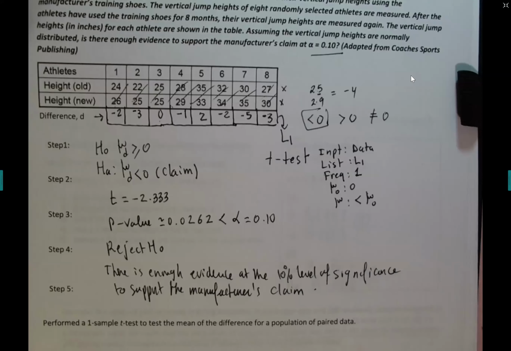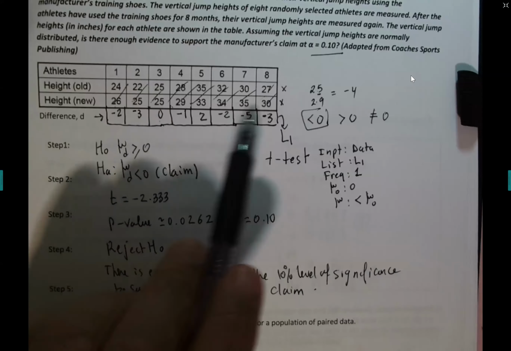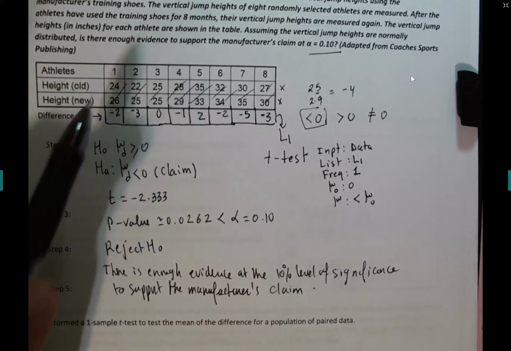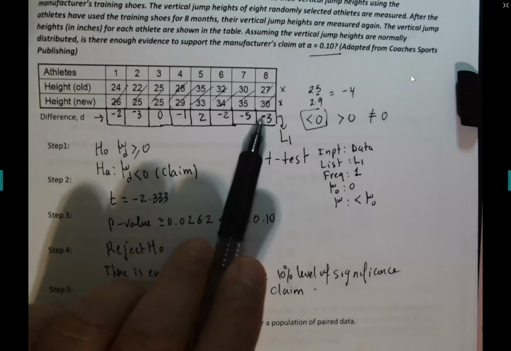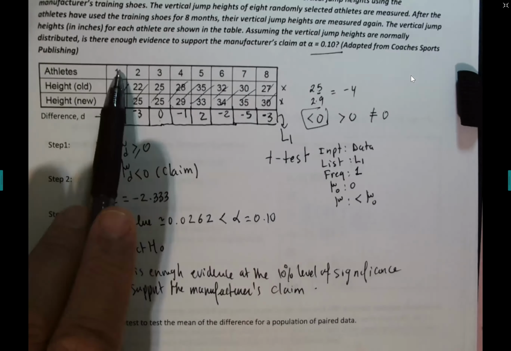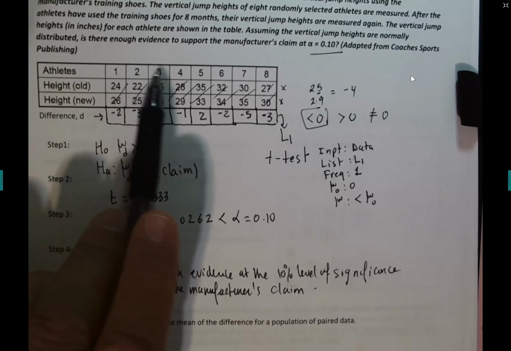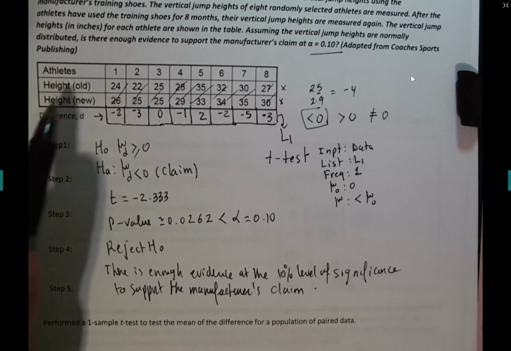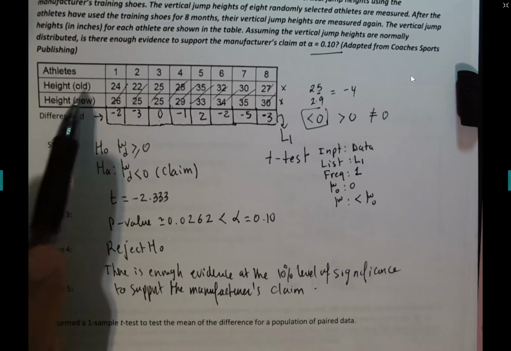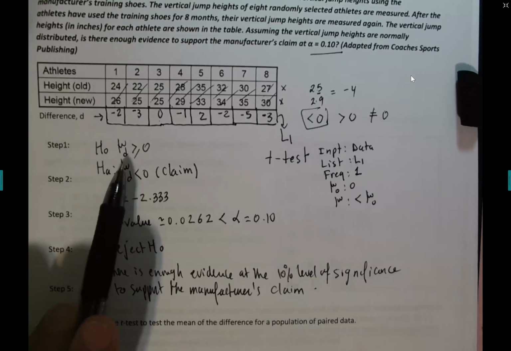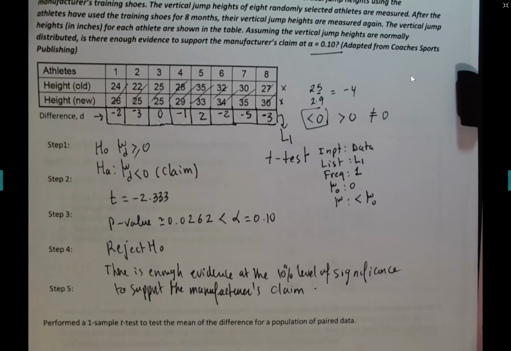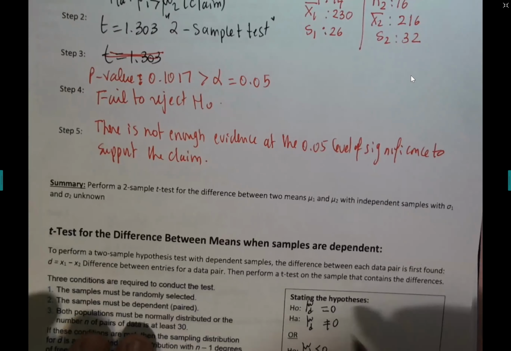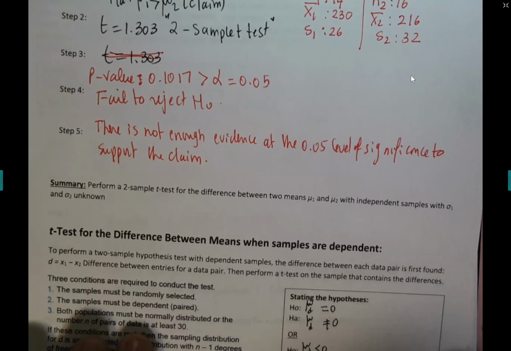So step number 1, guys, you have to do the difference and forget about the first set and the second set. This is not data. These are the names of the athletes: athlete 1, 2, 3, 4, 5, 6, 7, 8. The data is right here. Then you decide on one of those 3 scenarios and perform a t-test against 0.